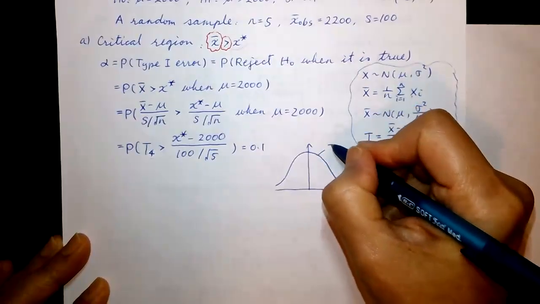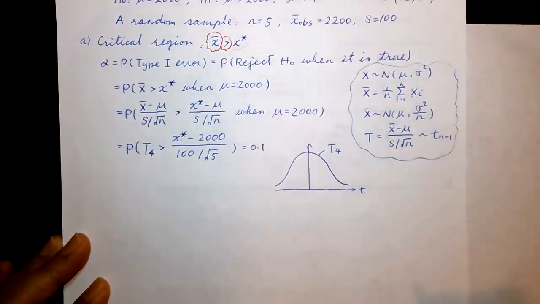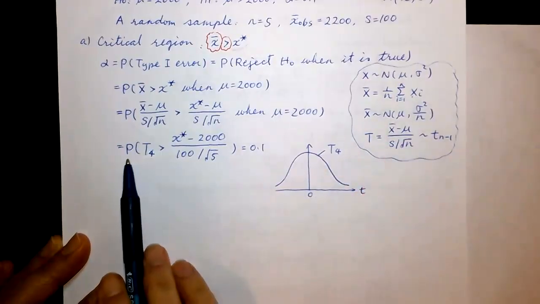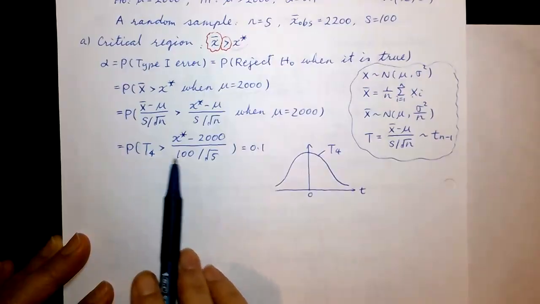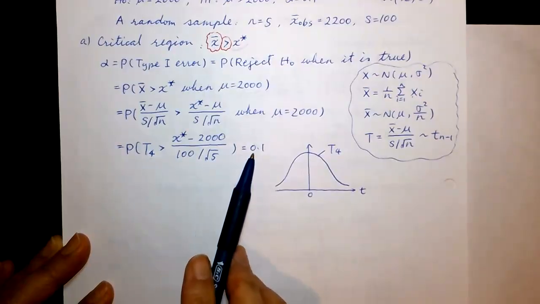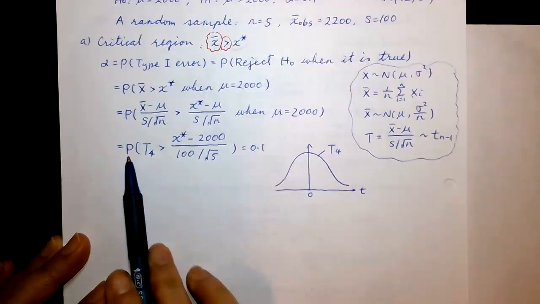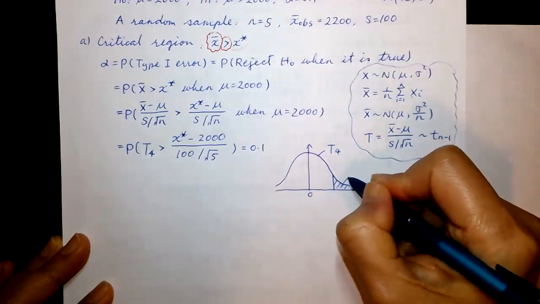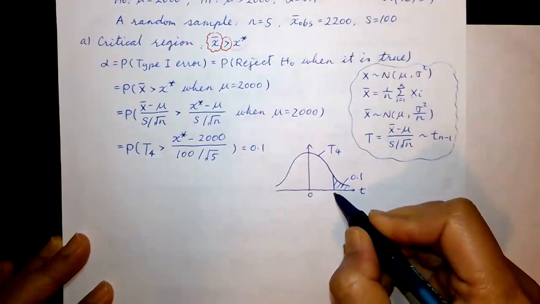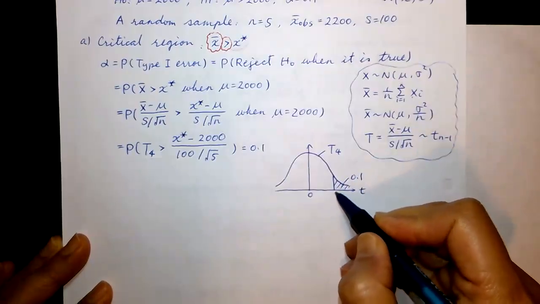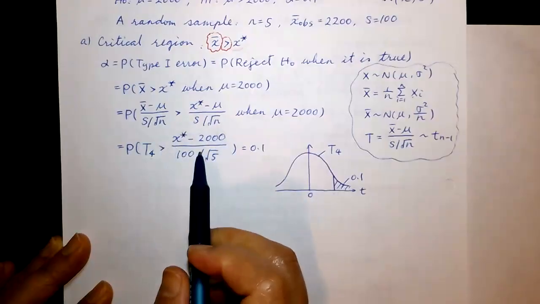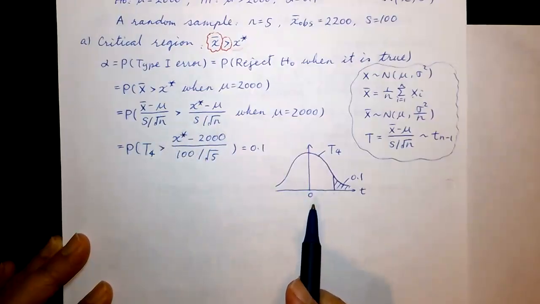This is my t distribution with degrees of freedom of 4, and it's symmetrical about 0. The probability that t is greater than something is this small. For that probability to be small, the value has to be positive.